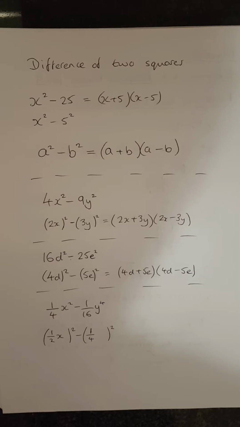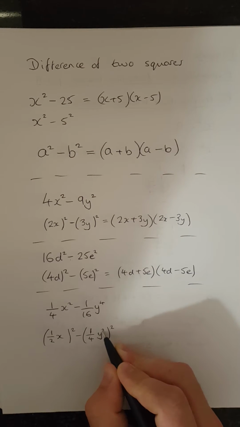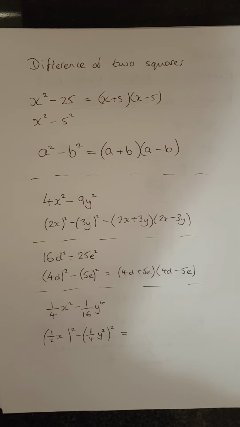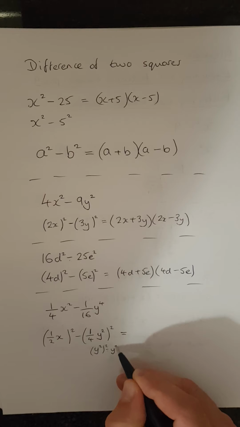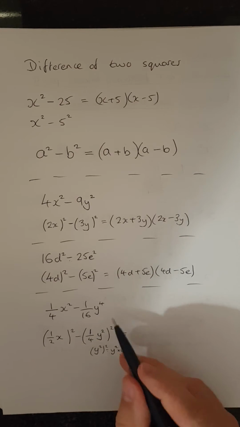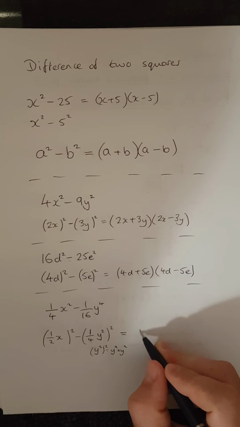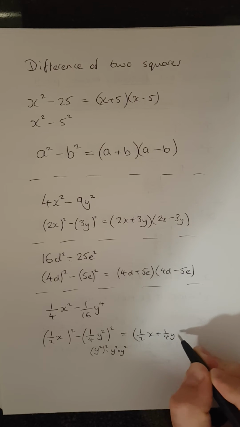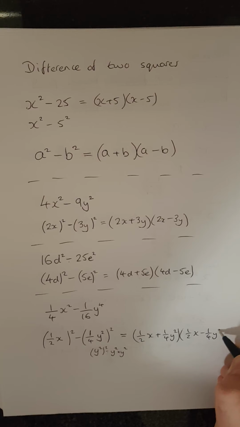What about y to the 4? If you remember your rules of indices, you'll need to put y squared there. Because y squared squared is y squared times y squared, which is y to the 4. So that's equal to half x plus a quarter of y squared and half x minus a quarter of y squared.